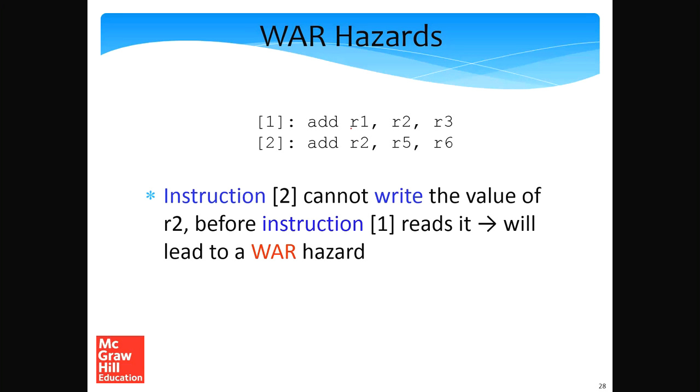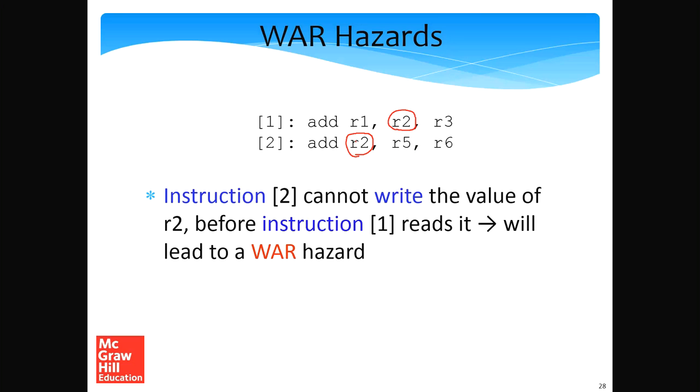Similarly, we can have a write after read hazard. Let us consider this example. Instruction 1 is reading the value of R2. And then the later instruction, instruction 2, is writing to R2. It's doing some computation adding R5 and R6 and writing to R2.